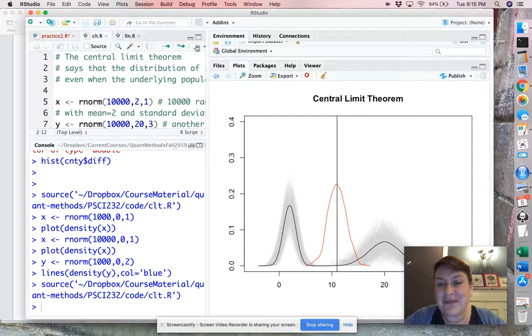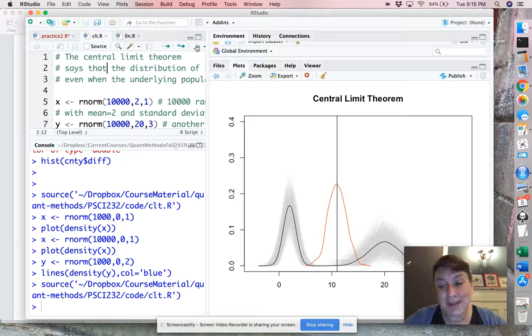And in each of those 1,000 samples, I recorded the mean, right? So I took the mean of a whole bunch of different samples, and then I looked at the distribution of those means. That's the red line.